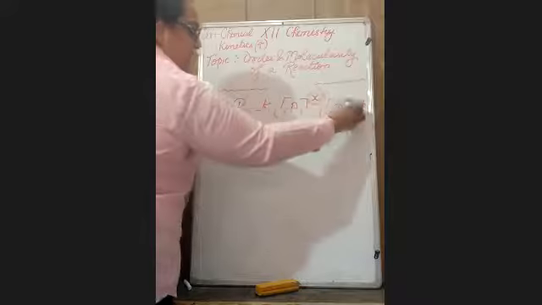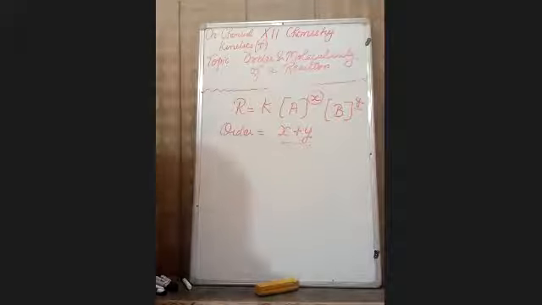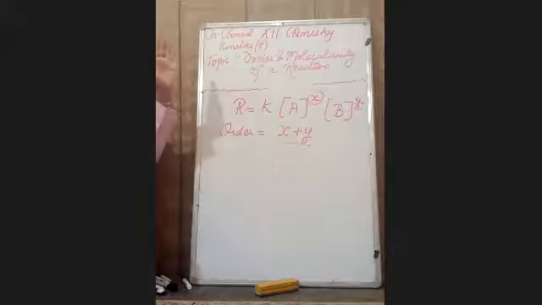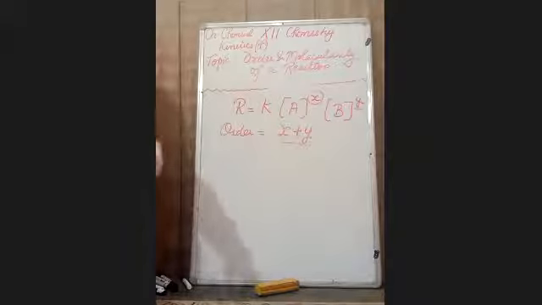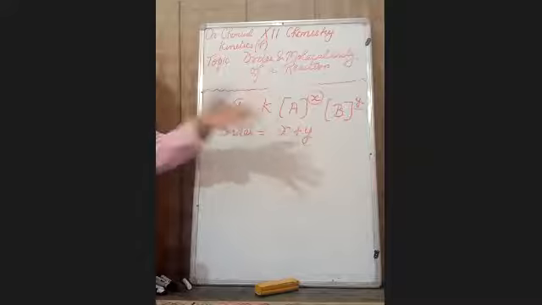And this X and Y may or may not be equal to your stoichiometric coefficient. So one thing always remember, it is experimental data. You cannot tell the order of a reaction by only seeing the balanced equation.